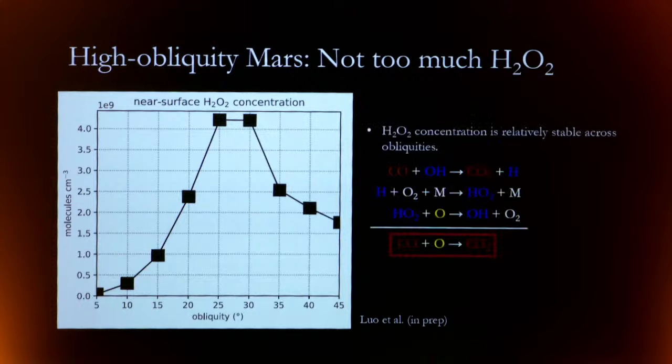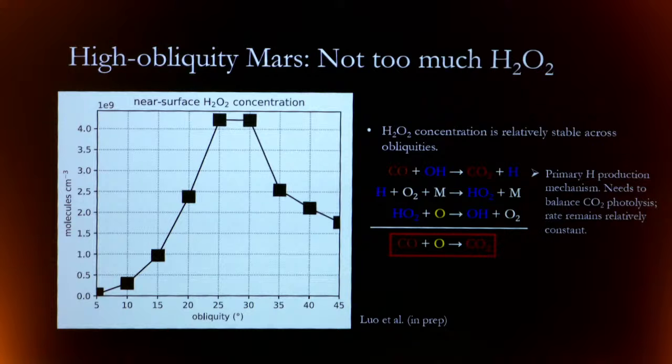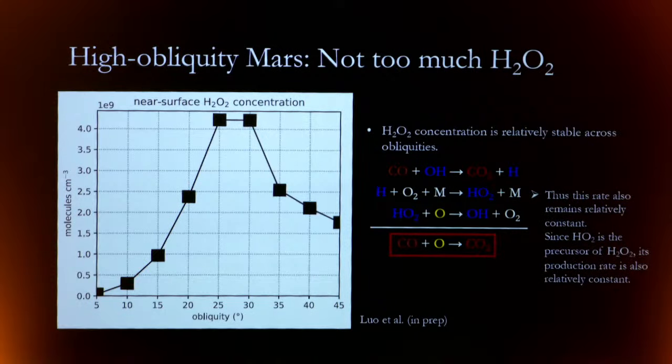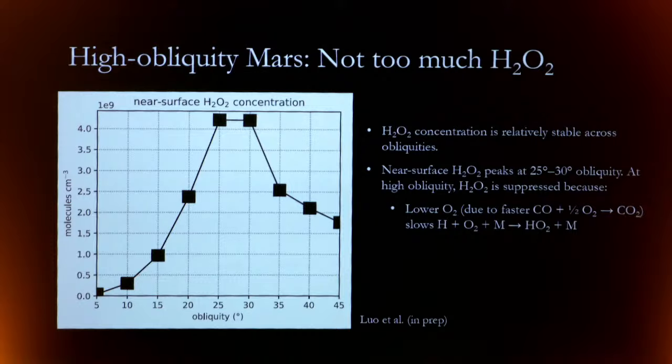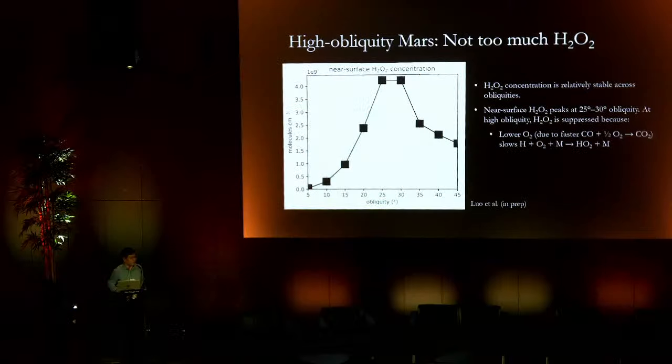And this is mainly because the production of hydrogen peroxide by HO2 is much more stable. This rate is much more stable across obliquities. And also at high obliquity, because we have a lot of OH in the atmosphere, it can also destroy hydrogen peroxide. So hydrogen peroxide concentration is actually lower at high obliquity, and it peaks around the present-day obliquity of 25 degrees.